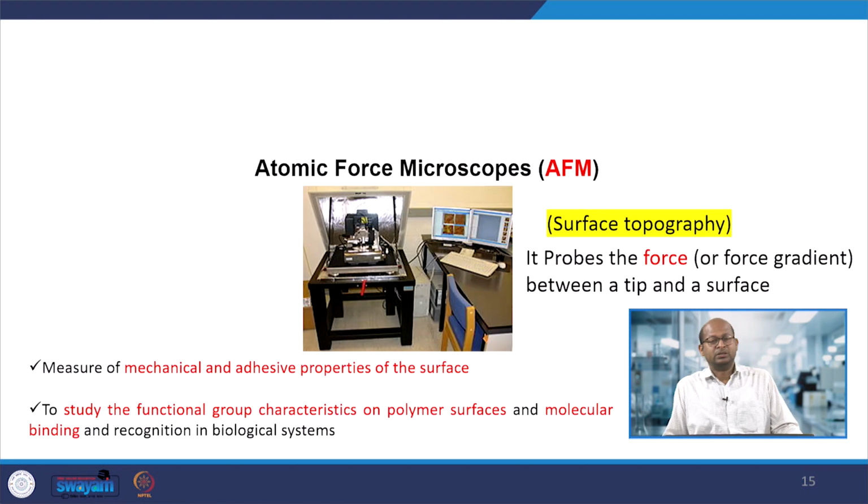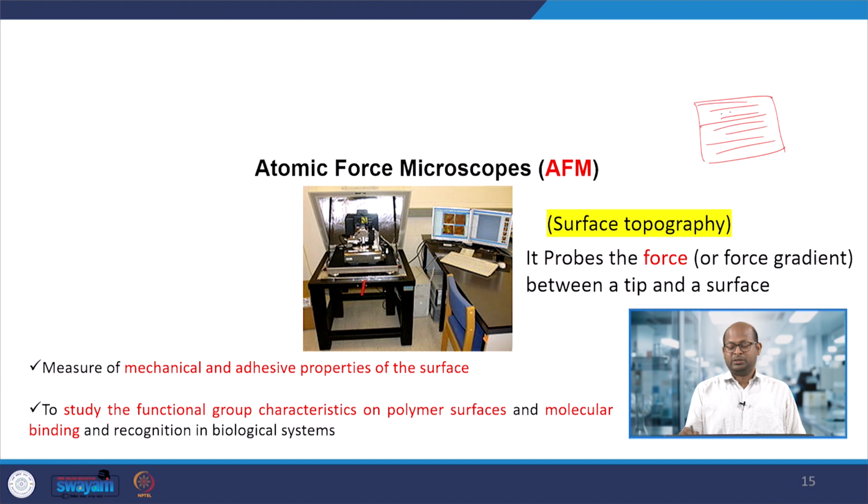Then there is the AFM, the atomic force microscope, which gives the surface topography of the sample. I said that if we have formed surface films, the nanomaterials would be dispersed over the surface. The surface is not uniform, and an uneven surface may form, which we can see with the help of this atomic force microscope.